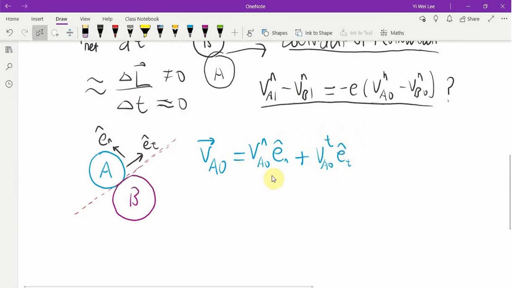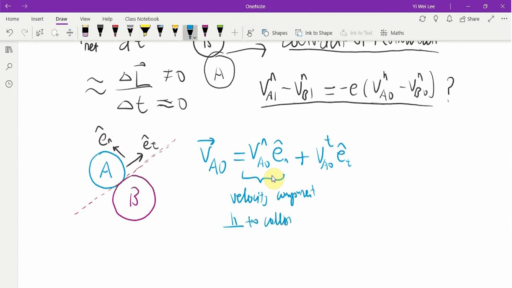So this term denotes the velocity component perpendicular to the collision plane.